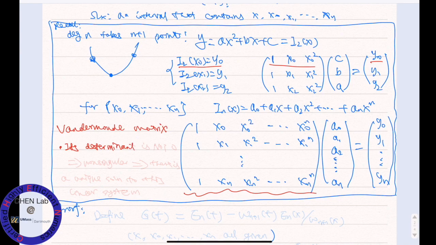Its determinant is not 0, which shows it is non-singular, which also shows there is a unique solution to this linear system.